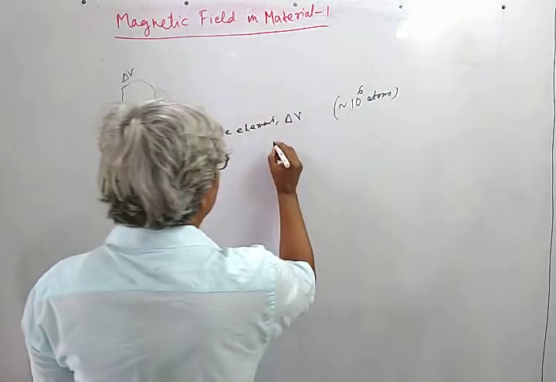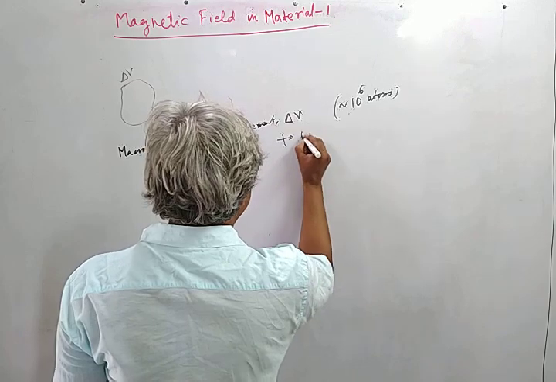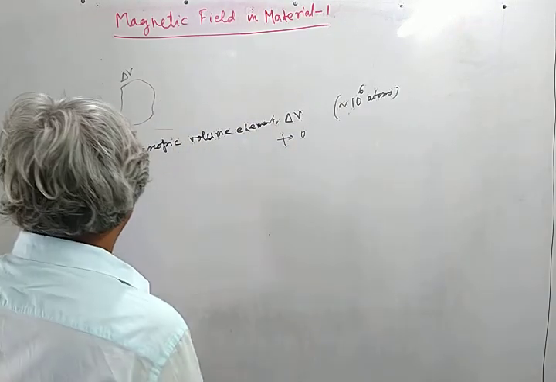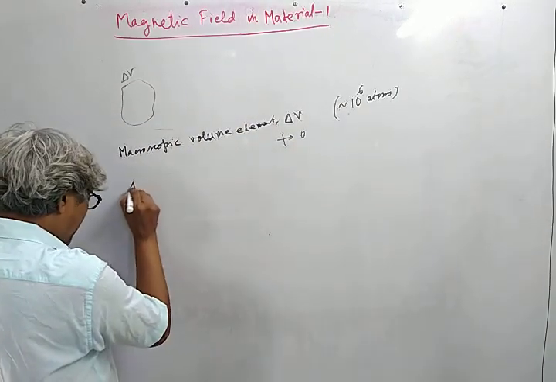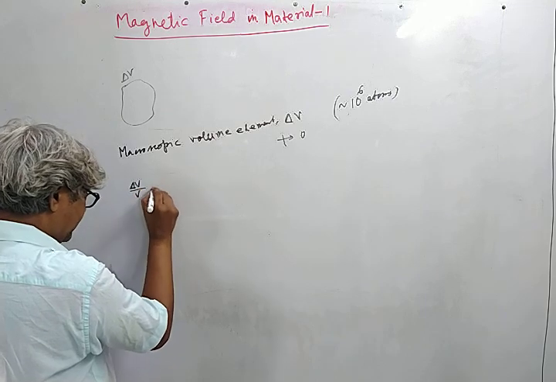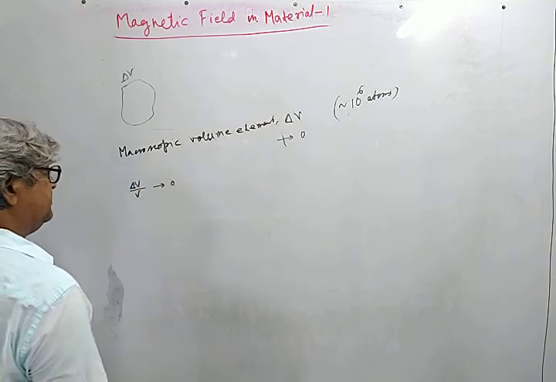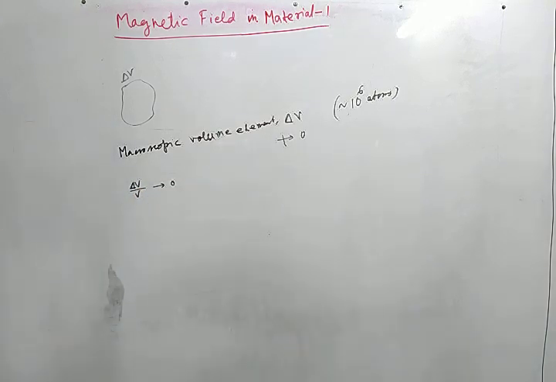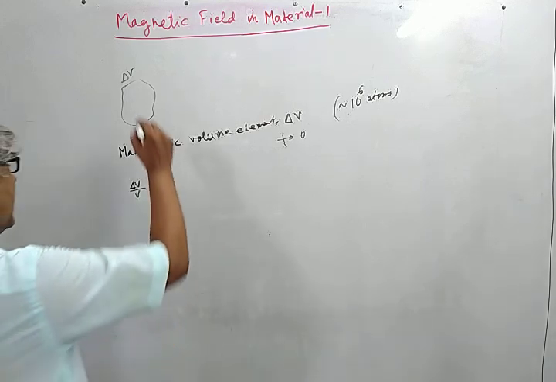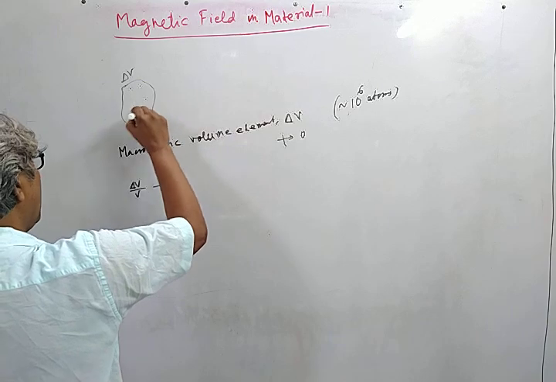It is found that delta V does not tend to zero, but the ratio delta V by V tends to zero. This is the definition of a macroscopic volume element.